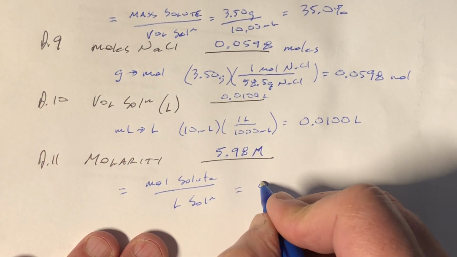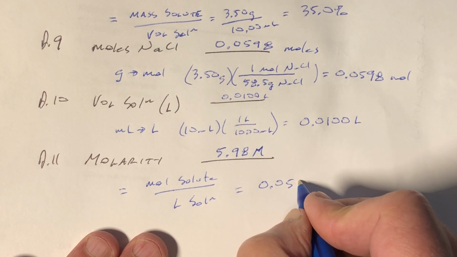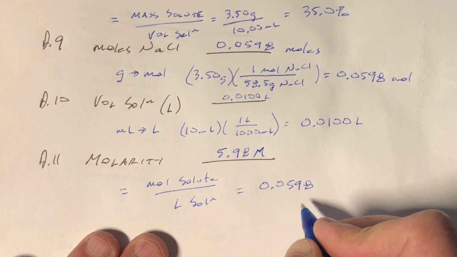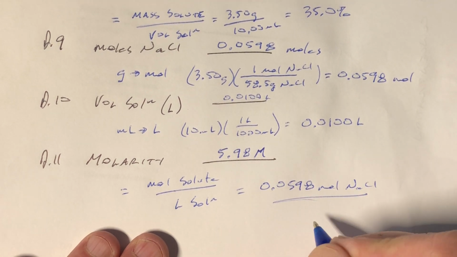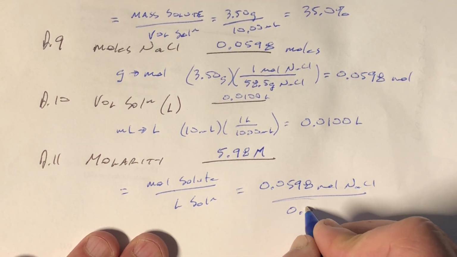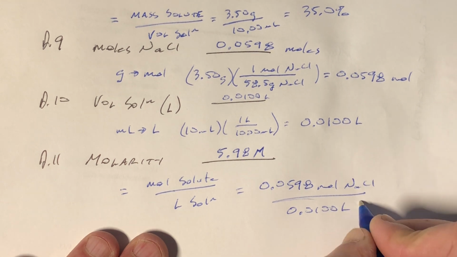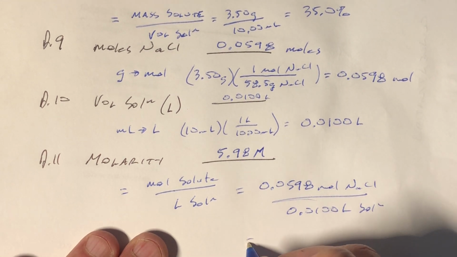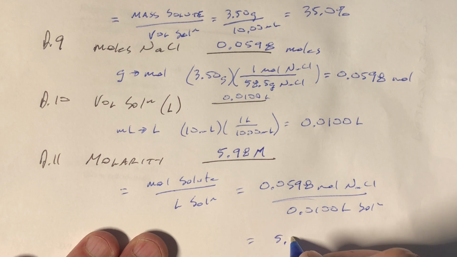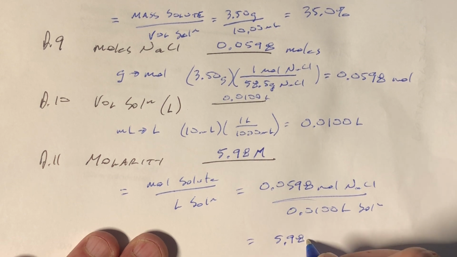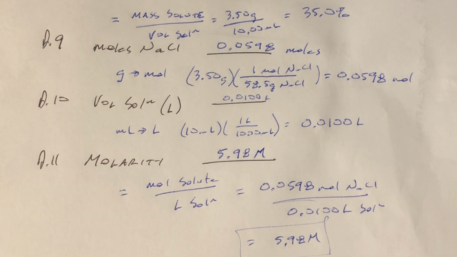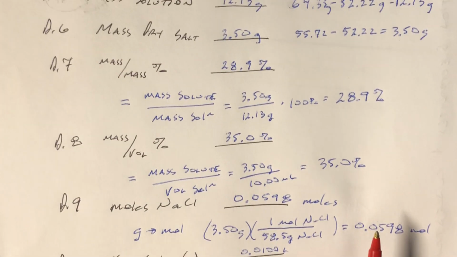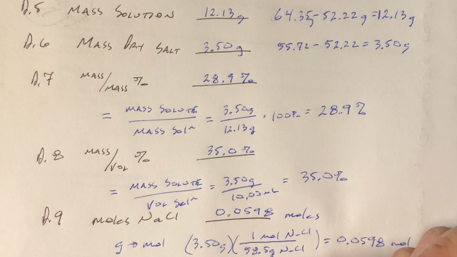So that's going to be my 0.0598 moles of NaCl over 0.01 liters of solution equals 5.98 molar.